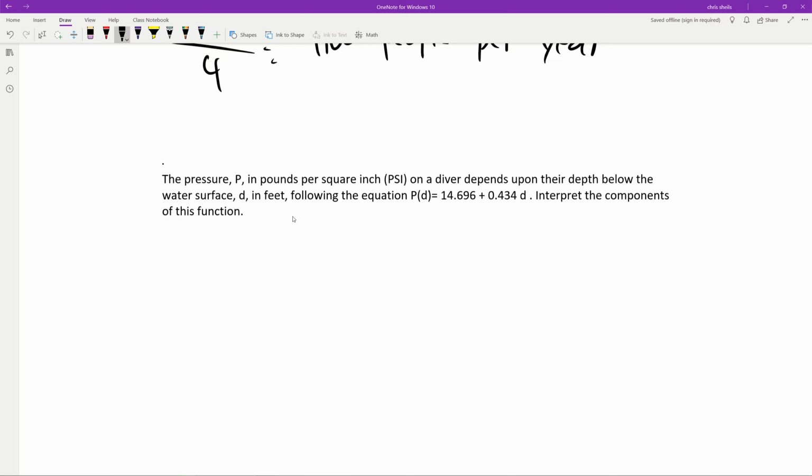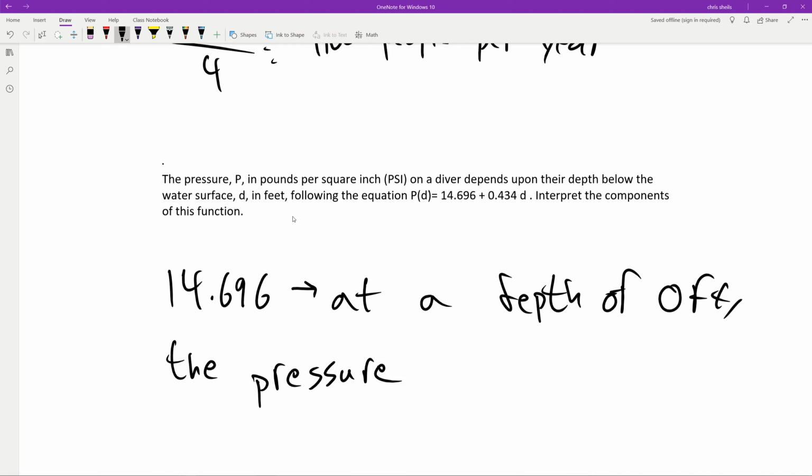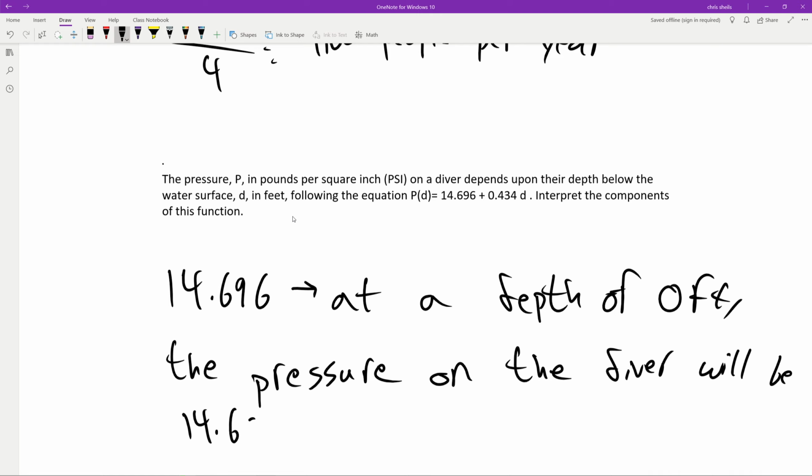This initial amount, 14.696, means that at a depth of 0 feet, the pressure on the diver will be 14.696 psi.